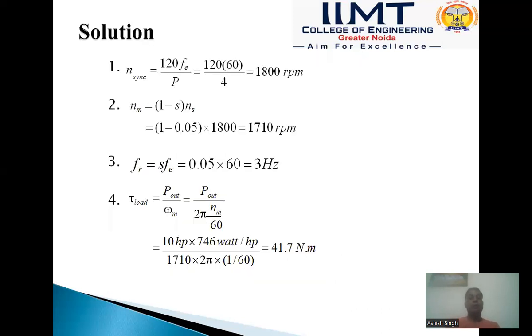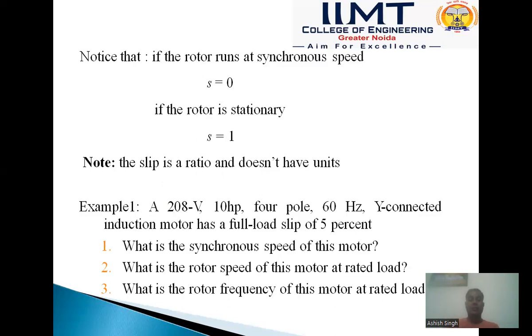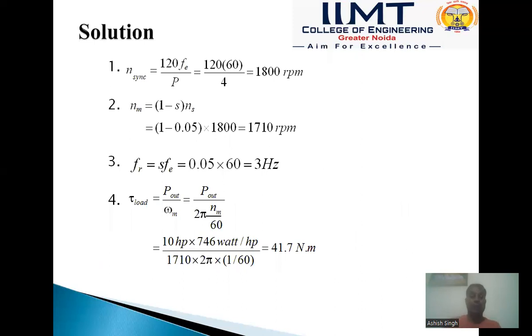So the rotor or motor speed Nm equals (1 minus s) times Ns, where s is given in percentage as 5%. We have to convert it into a fractional value, that is s equals 5 upon 100, which comes to be 0.05. After putting s equals 0.05 and Ns equals 1800 rpm, we get the motor or rotor speed equal to 1710 rpm.